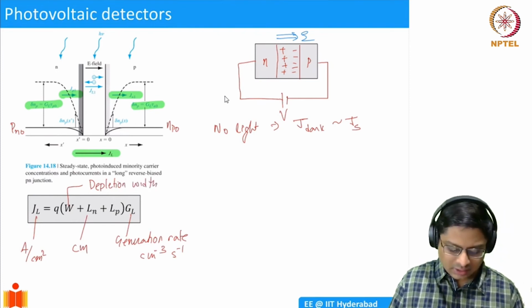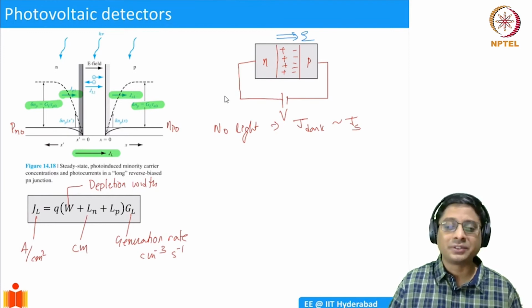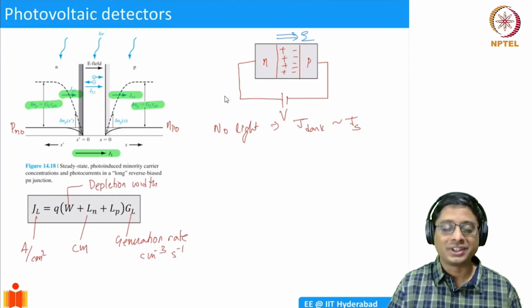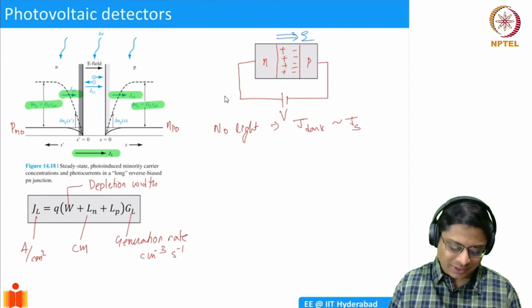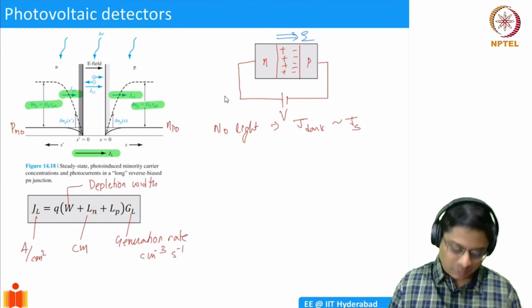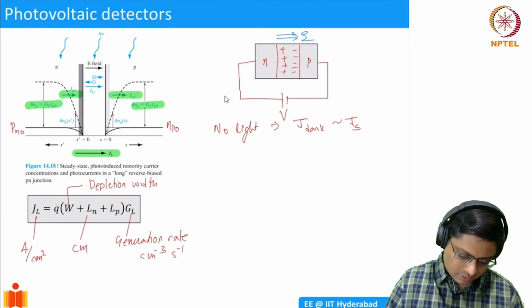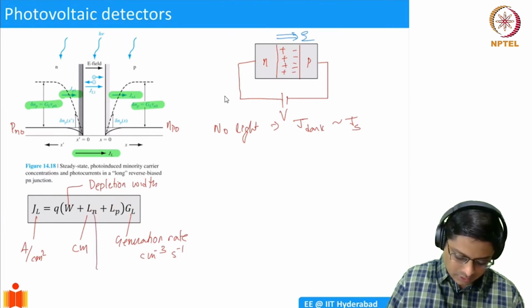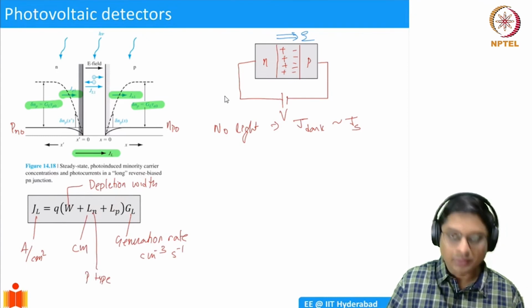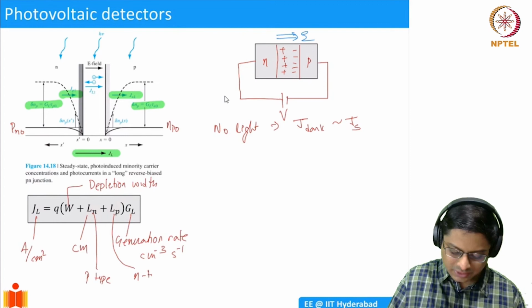And the minority carrier diffusion lengths. They are both minority carrier diffusion lengths, but this Lp is for the N-type region, Ln is for the P-type region. This is the minority diffusion length for the P-type region, where n is the minority carrier, and here it is for the N-type region.